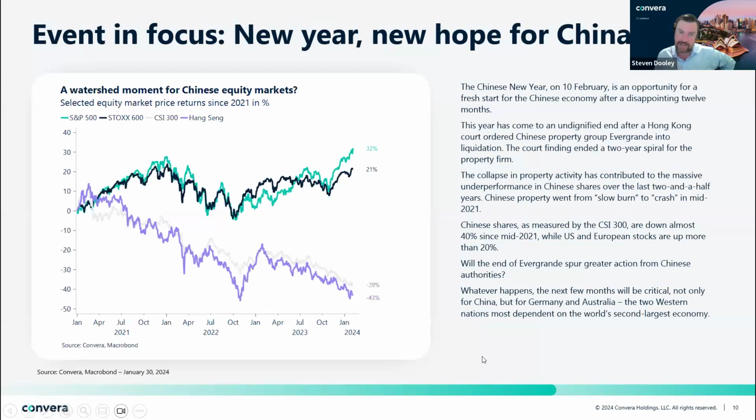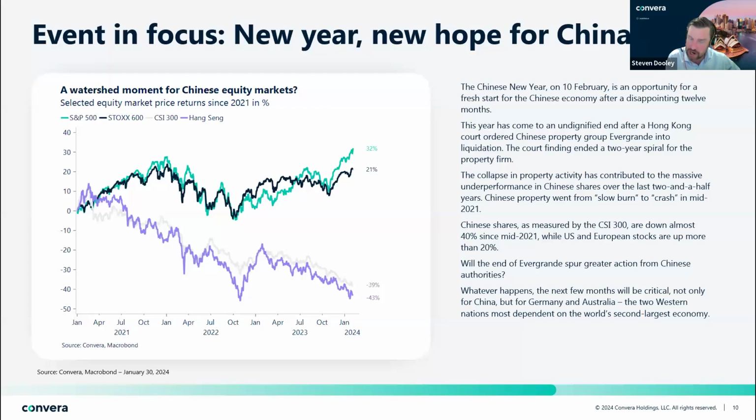Of course, mentioning the Aussie dollar, for a sustained move above 70 in the Aussie dollar, we need a rebound in the Chinese economy. And this is the most stark example, I think, of just how much the Chinese economy has underperformed over the last couple of years.